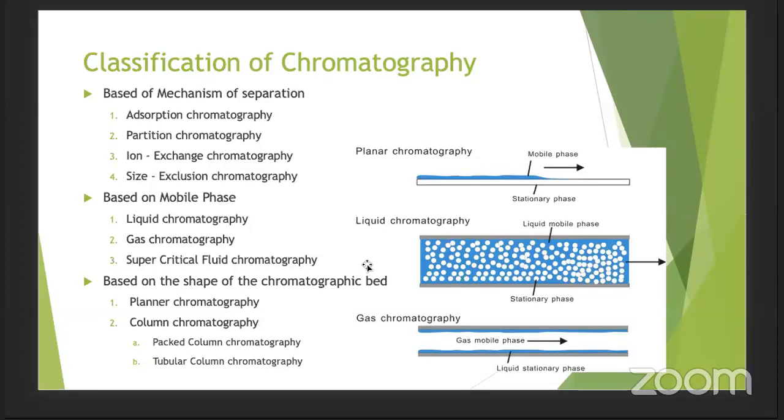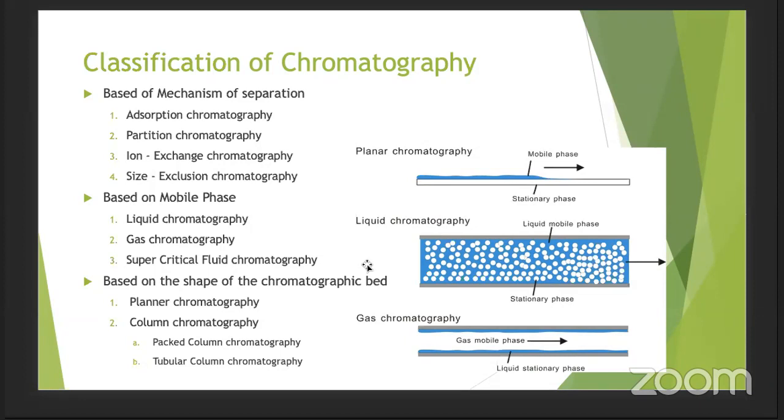In liquid chromatography, the mobile phase that is used is liquid, of course, as it suggests in the name. For example, normal phase or reverse phase chromatography, hydrophobic or hydrophilic interaction chromatography, ion exchange chromatography, and so on. In gas chromatography, the mobile phase that is used is gas.